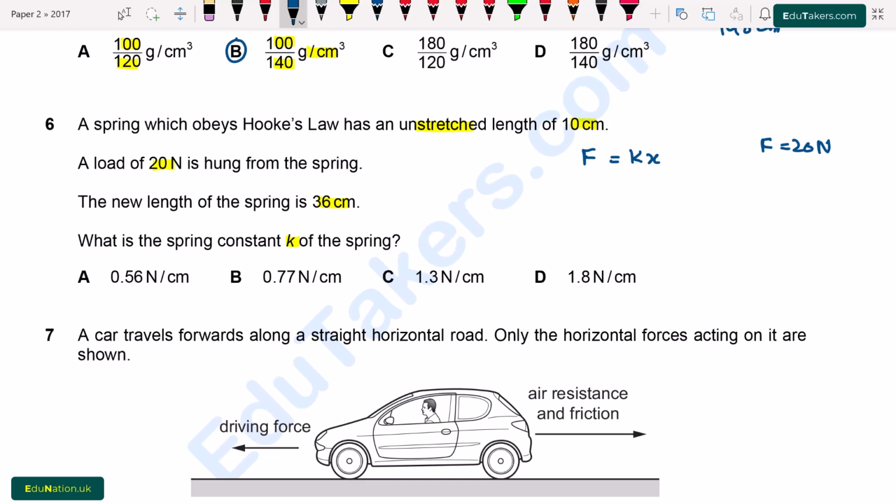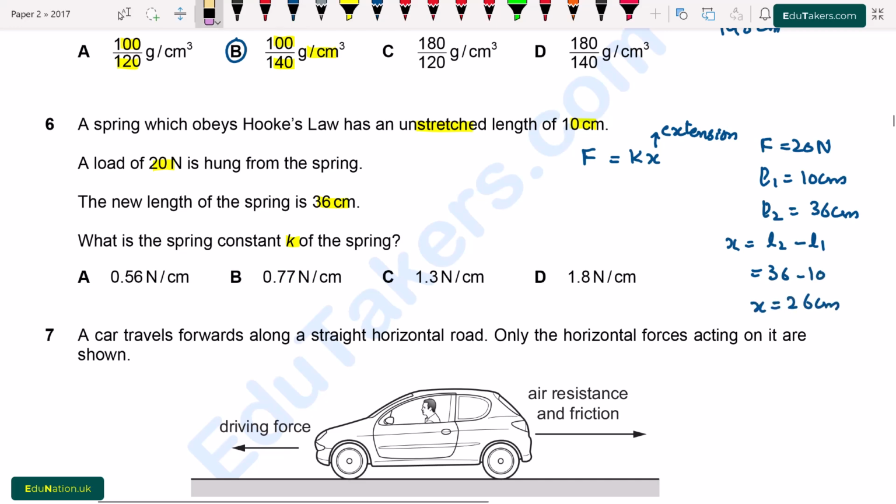Here the unstretched length is given, that is 10 centimeter. I write here L1 is equal to 10 centimeter and the new length is 36 centimeter. So L2 will be equal to 36 centimeter. Here X is basically the extension in length. So the extension in the length will be equal to L2 minus L1, new length minus unstretched length. So it will be equal to 36 minus 10, 26 centimeter.